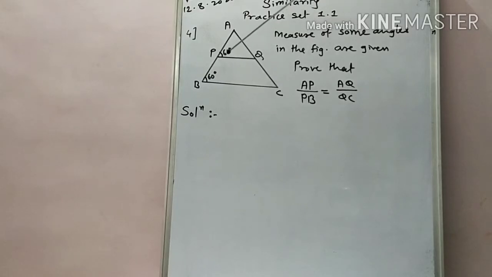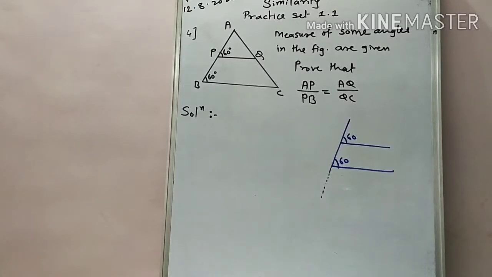For that, we notice that we are given these two angles, and they are equal in measure. So what do we know about these angles, students? Yes, these two angles are corresponding angles formed by two lines and one transversal. And if corresponding angles are congruent, then the two lines are parallel to each other.